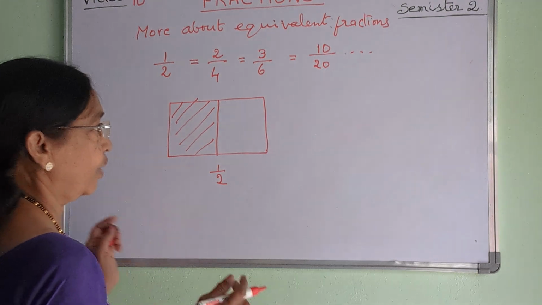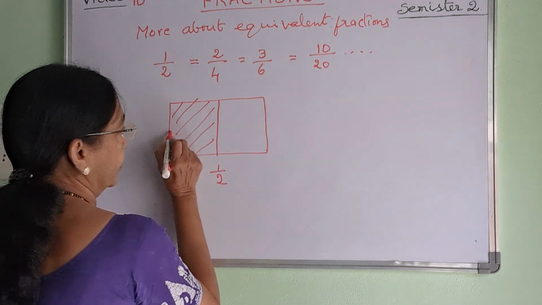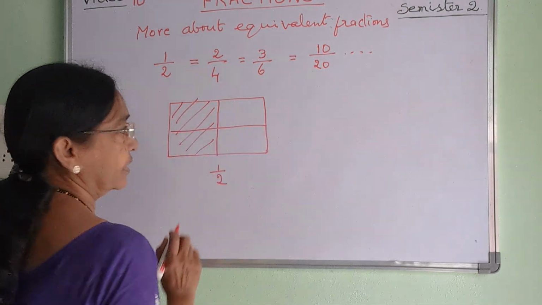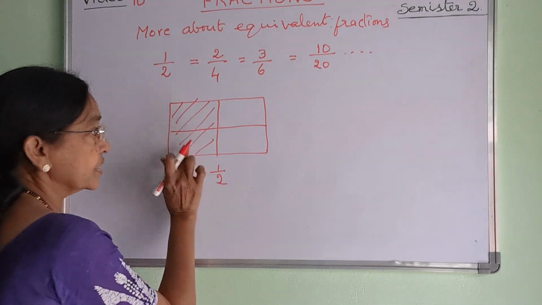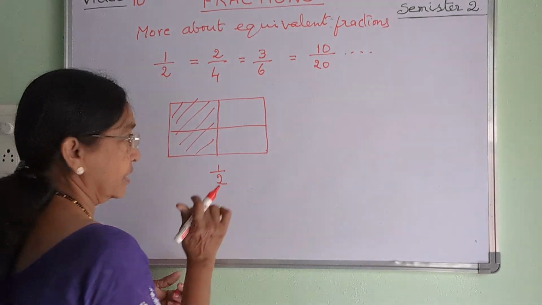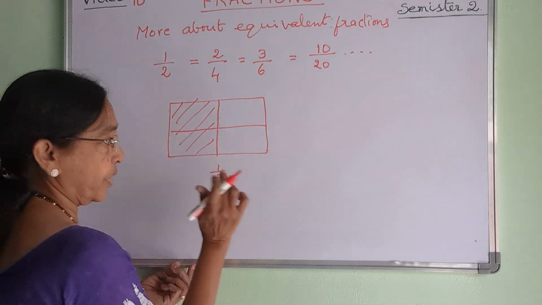We will see how. Make the same figure into 4 equal parts. Now the shaded portion is 2 equal parts.